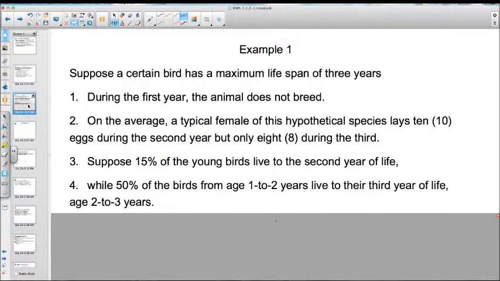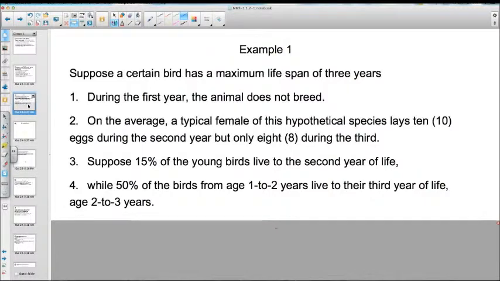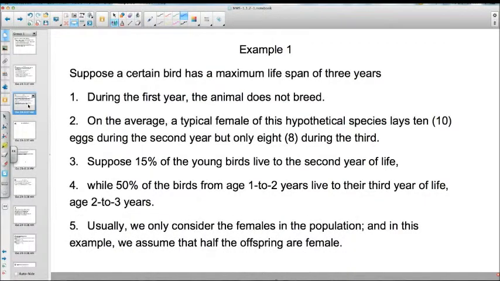And we assume the birth rate for the first year to the second year, a bird will lay 10 eggs.